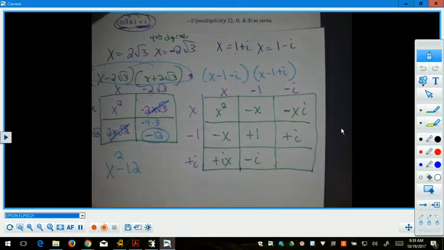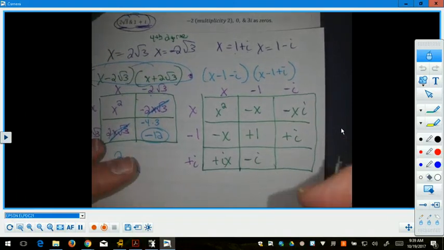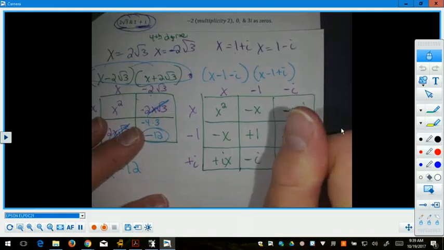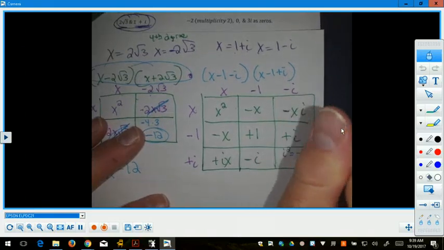Now this last one's the tricky one. What is i times i? I squared, which is negative 1.